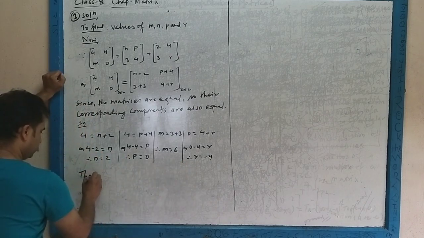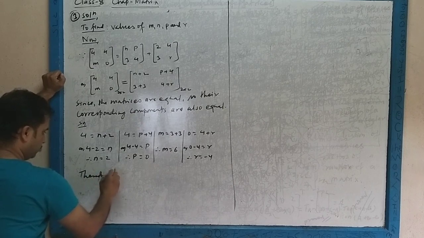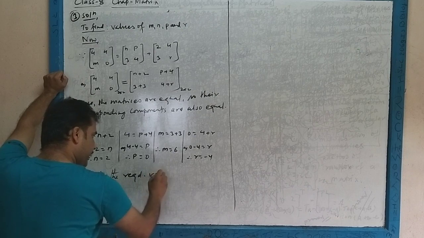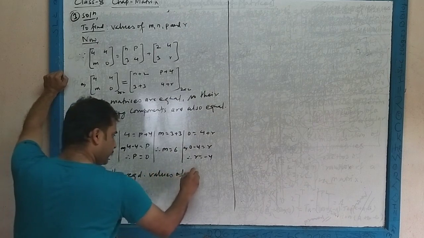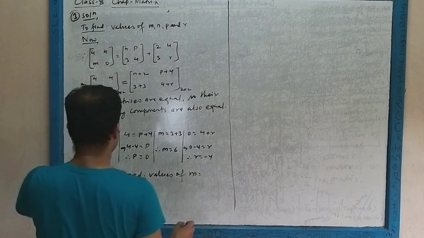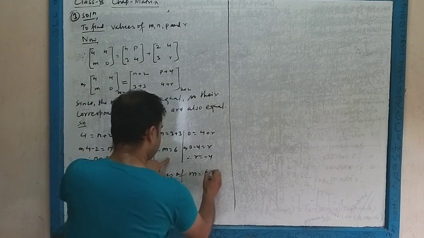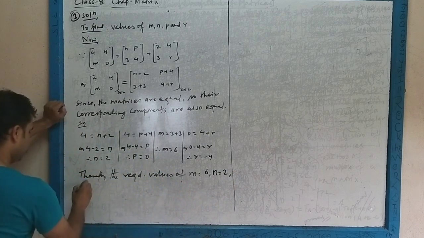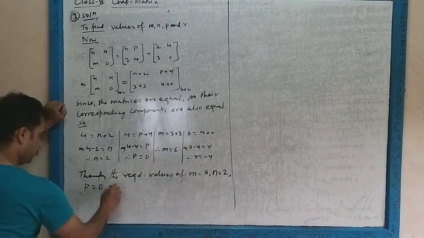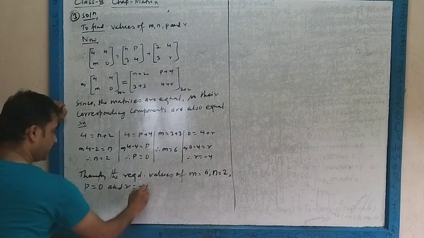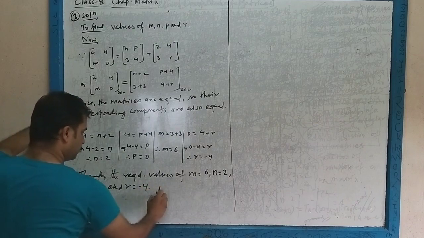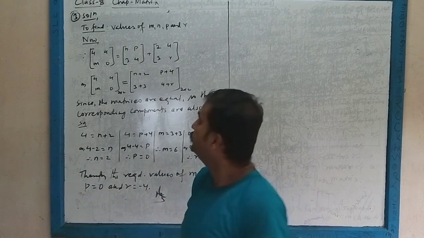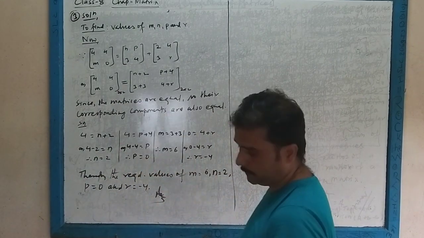Therefore, the required values are m equals 6, n equals 2, p equals 0, and r equals minus 4. This is your solution. Go for the next question.